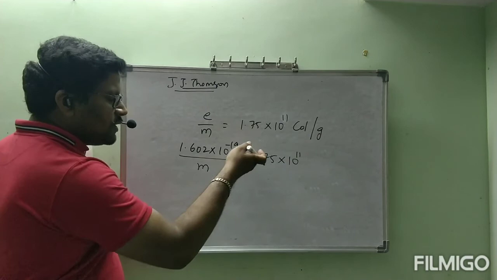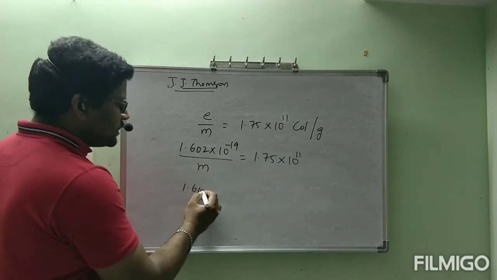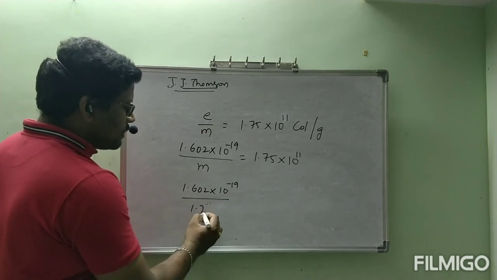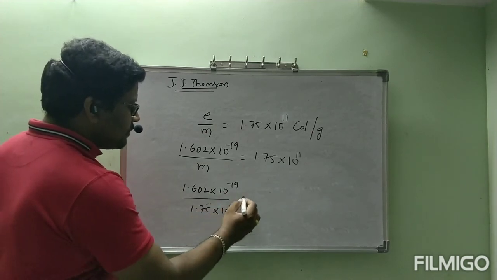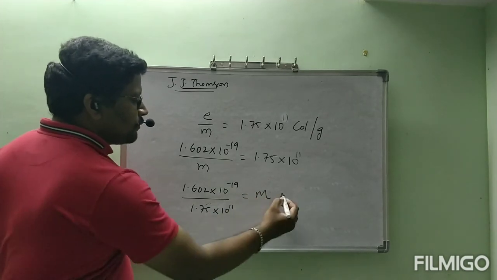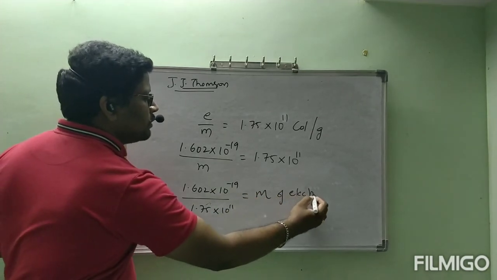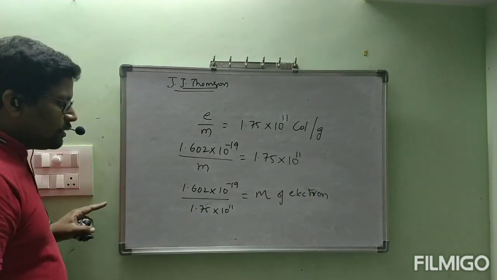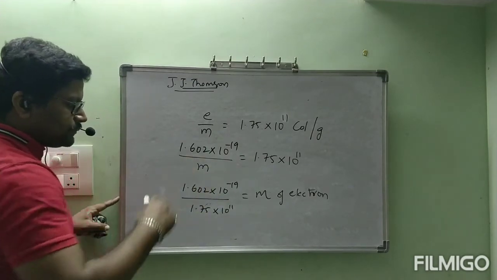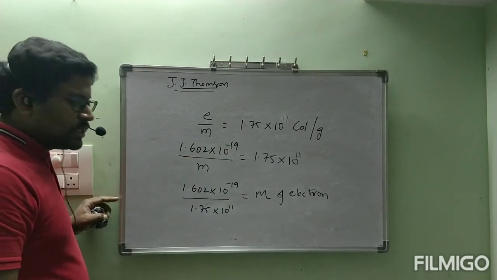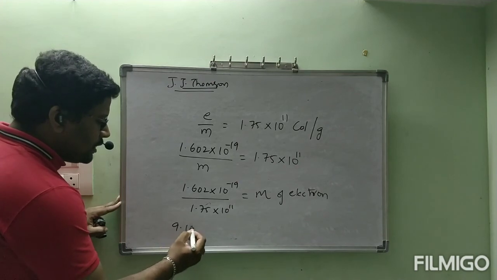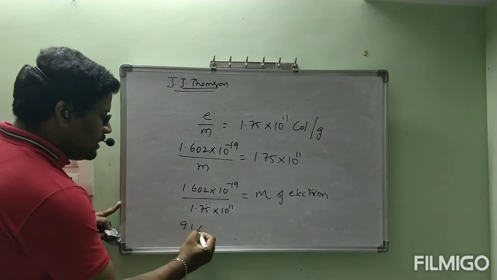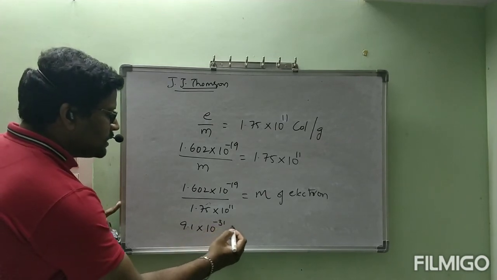Bring the 1.75 into 10 power 11 here: 1.602 into 10 power minus 19 divided by 1.75 into 10 power 11 is equal to the mass of the electron. If you do this calculation, we will get 9.1 into 10 power minus 31.